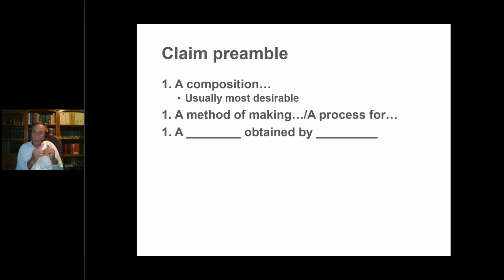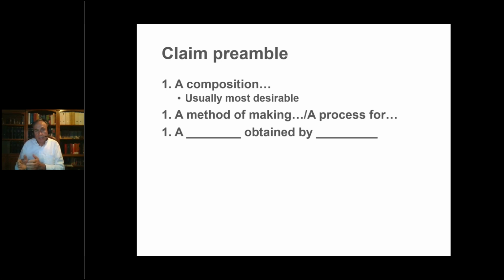Following that, there's a kind called a method or process claim, which would be a method for making a pudding, or a method of making a catalyst, or a process for removing impurities from fusel oil. It talks about the steps that are going to follow. Then there's a third type that we don't see very often. We try to avoid it.